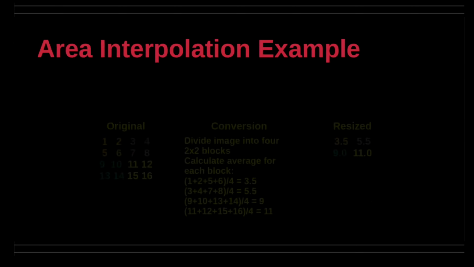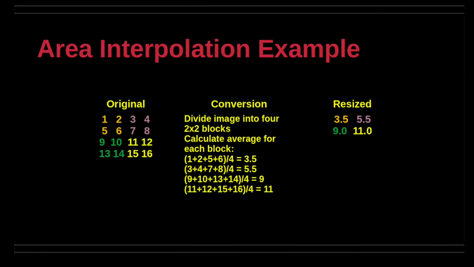The process: divide the original image into rectangular blocks. The size of these blocks corresponds to the downsampling factor. For example, to downscale an image by a factor of 2, divide the image into 2 by 2 blocks. Calculate the average pixel value.